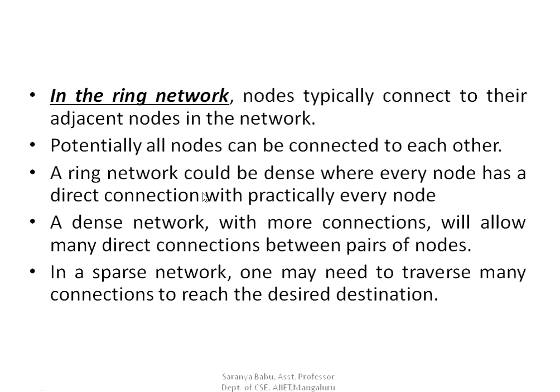If the ring network is dense, where every node has a direct connection with practically every node, then this ring network could be dense. Clear? So a dense network with more connections will allow many direct connections between pairs of nodes.